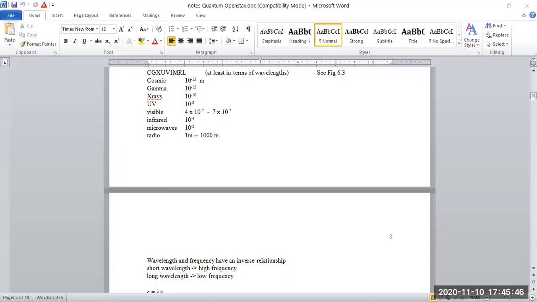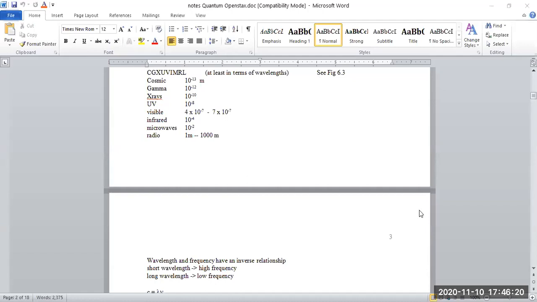Okay. I'm going to switch gears and go back to quantum theory stuff. So the last thing we were talking about prior to the test was the EM spectrum and my flaky little mnemonic device of Sig-Zuvermerl as a way to kind of wedge it in your brain of cosmic rays being at the shortest wavelength end of the spectrum, all the way down to radio and long waves at the bottom end.